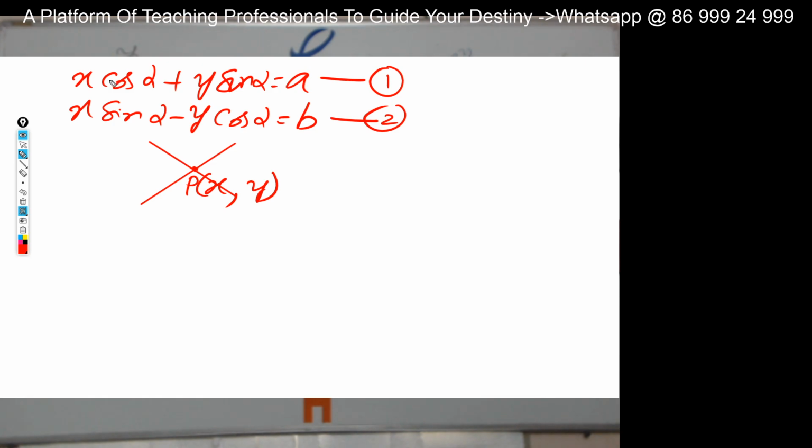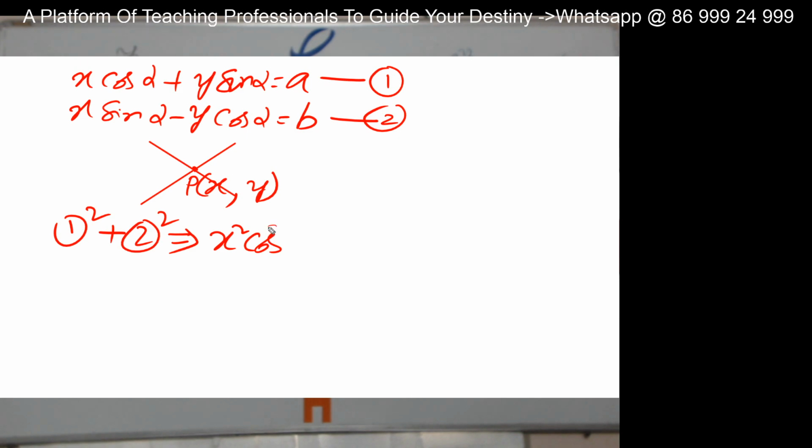And x square cos square alpha, x square sin square alpha: you will get x square common within brackets 1. y square sin square alpha plus y square cos square alpha: take y square common within brackets 1. And thereby alpha will be eliminated. Let us check. 1 square plus 2 square implies, for your details I am writing this, or otherwise we can write the direct step.